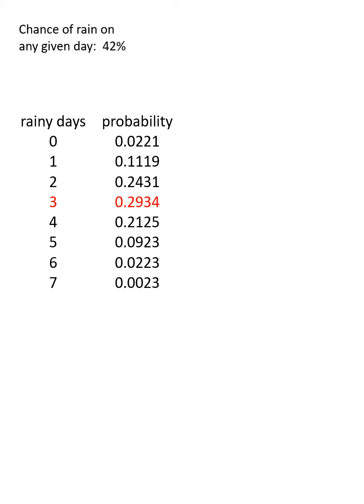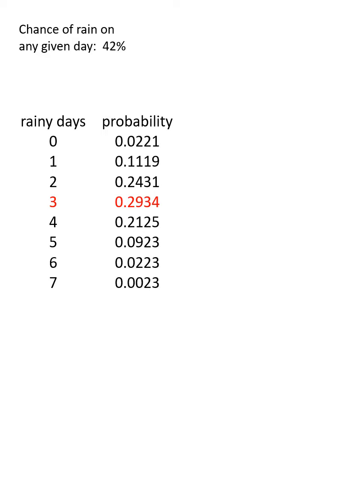When I say what are the chances of 3 days of rain, that might mean that it rained Sunday, Monday, Tuesday, and was clear the rest of the week. But it could also mean anything else, such as there was rain Sunday, Tuesday, and Friday of that week. Or maybe it means there was rain Monday, Tuesday, Thursday. Really, any combination of 3 days of the week is what's being calculated here.